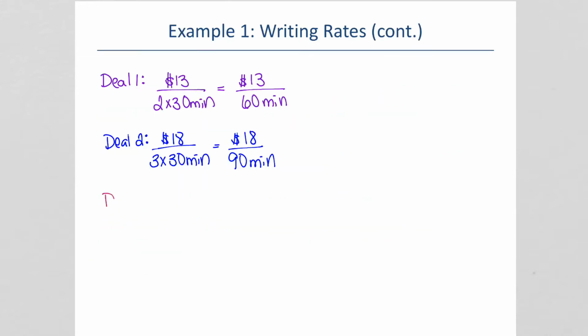And deal 3 is $20 for the whole night. I really don't know how long that is, so let's say it's 2 hours. So that'd be 120 minutes. Okay, so that's just a way that they could set up these rates to compare which would be the best option for them.